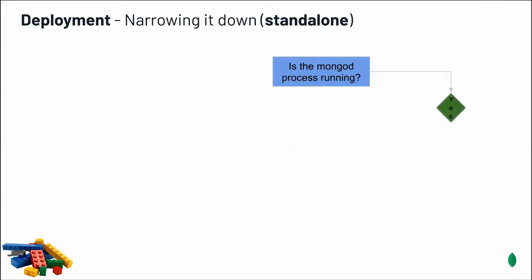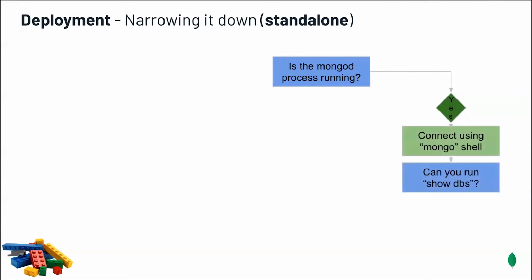If the mongod process is running, which is good news, you should check if you can connect to it using Mongo Shell and run the simple command show dbs, just to check that you have the right permissions.